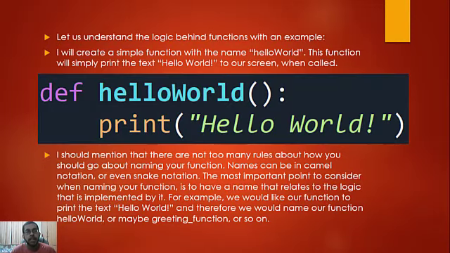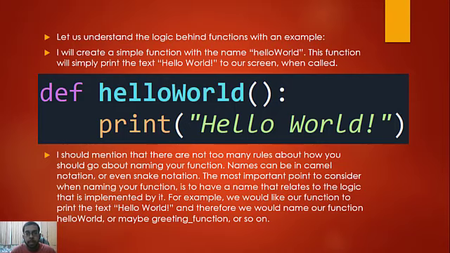Let us understand the logic behind functions with an example. I will create a simple function with the name hello world. This function will simply print the text hello world to our screen when called. Define hello world, print hello world. I should mention that there are not too many rules about how you should go about naming your function.